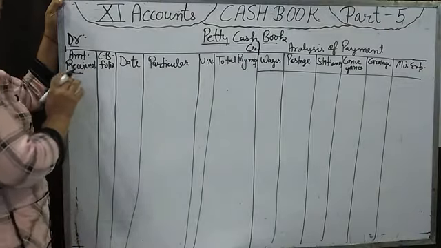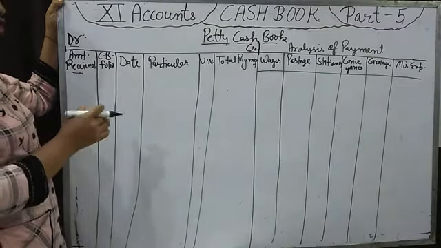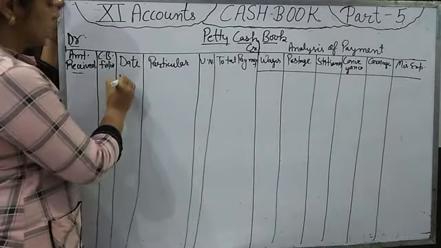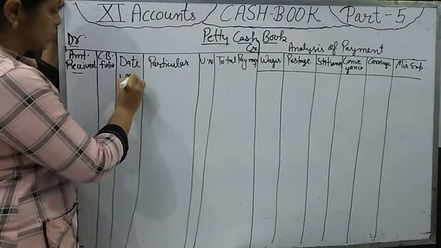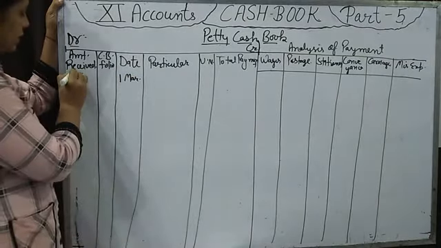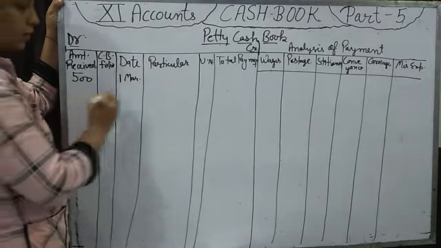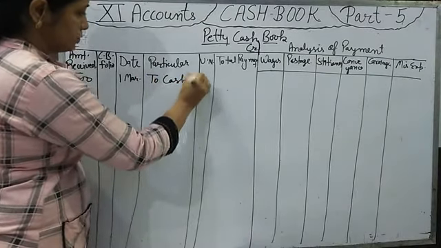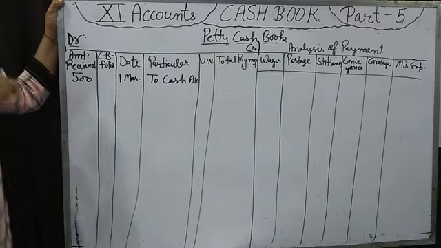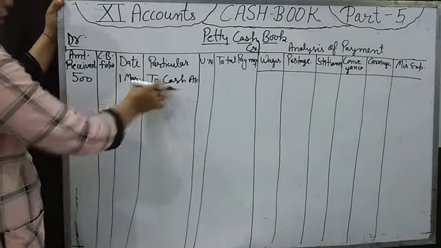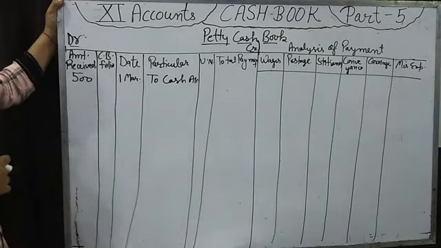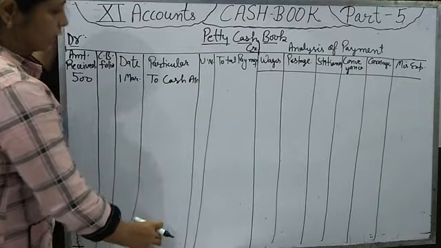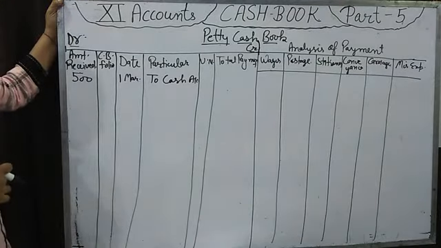The first column is of amount received. Every petty cashier receives the amount once a month, on the first date of every month. Say on 1st March, he received rupees 500, as we discussed, to cash account. In the particular column, it will be written that to cash account, 500 received by the petty cashier. After that, all the recording related to the payments.